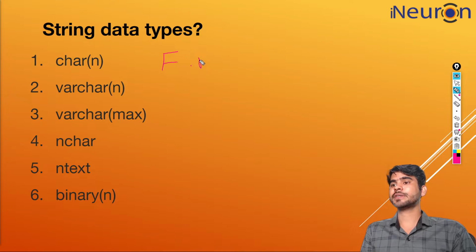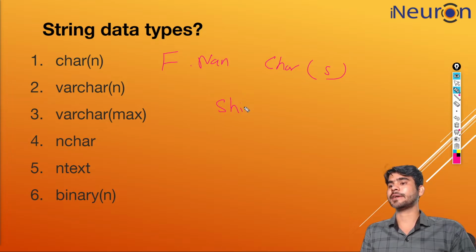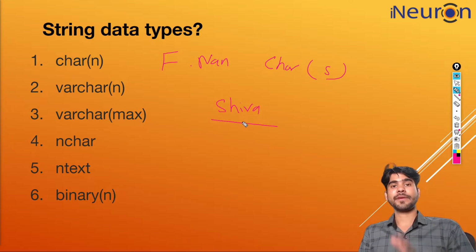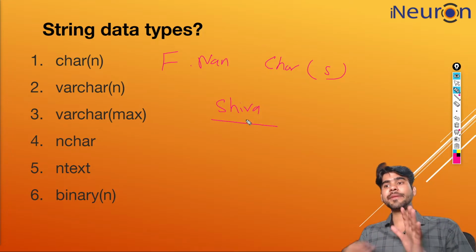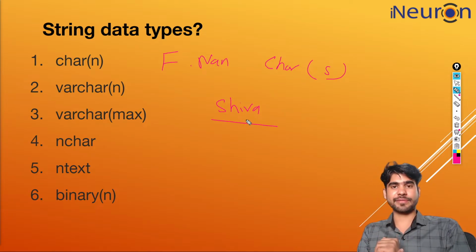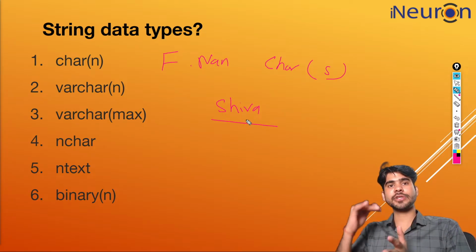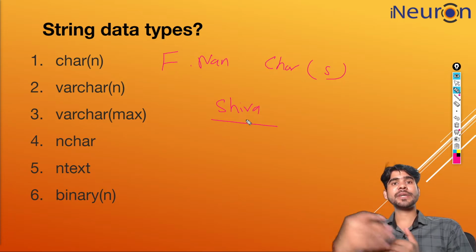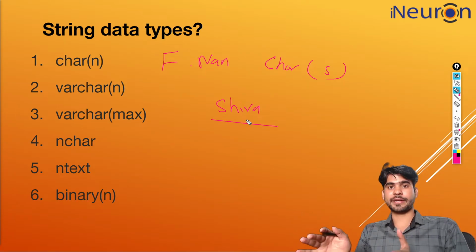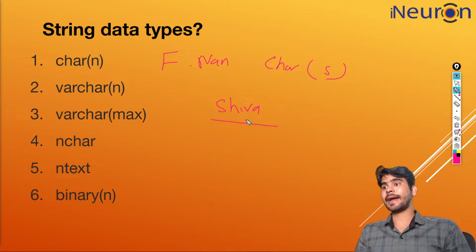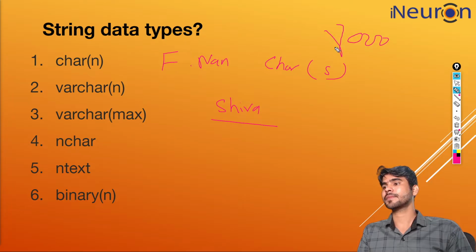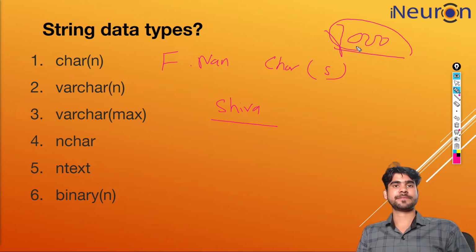For first name I'm writing char and defining 5, which means I'm writing Shiva here, a 5 letter name. So whenever you are using char, under char you can define how much size of data you want, and you can define up to 8,000 letters.